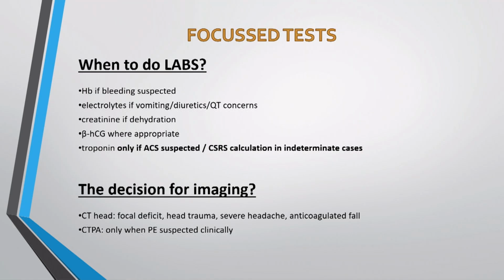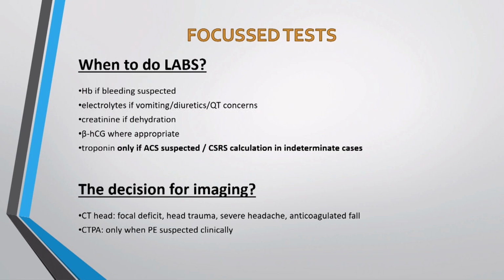So when are we supposed to do the lab investigation, or when are we supposed to get an NCCT head done for the patient? Lab investigations are supposed to be done when we are actually suspecting something. Suppose we are suspecting bleeding, which might be the cause, or anemia as a cause of syncope, then get an Hb done. If there was history of vomiting, diuresis, or if we are concerned about the QT interval, check the electrolytes.